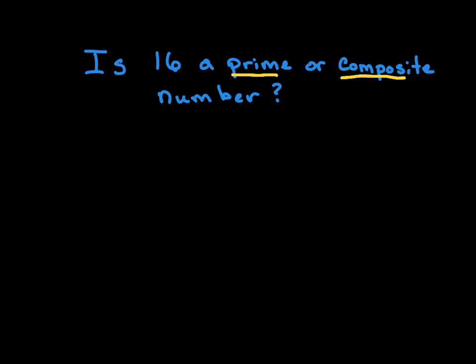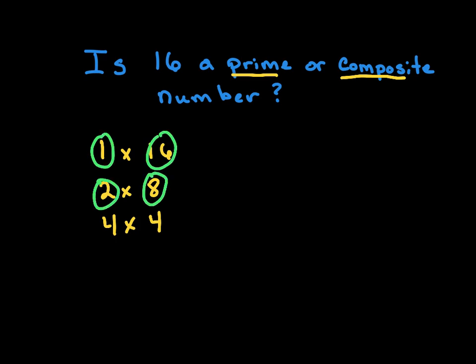So let's look at 16. Let's list all the factors of 16. Well, we have 1 times 16, we have 2 times 8, and we have 4 times 4. They all equal 16. So how many factors are there in 16? Well, we have 1, 2, 3, 4, 5. We can't count 4 twice.